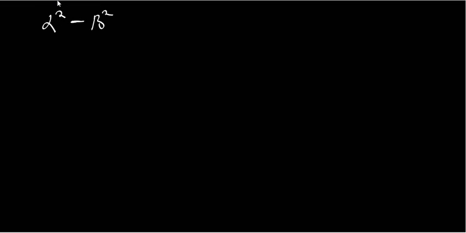So this type of identity, what do we really need to know? This type of identity, it's what we call the difference of two squares. So meaning that the difference of two squares is what? It's alpha minus beta times alpha plus beta. Like that, right? Now we need to know how we can solve this one here.